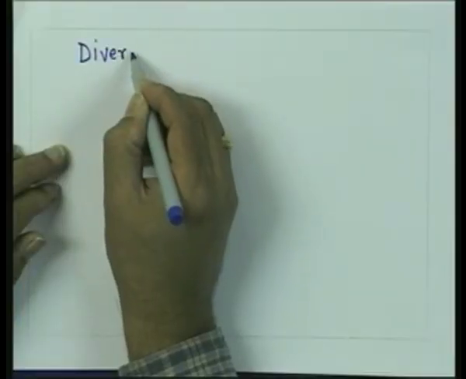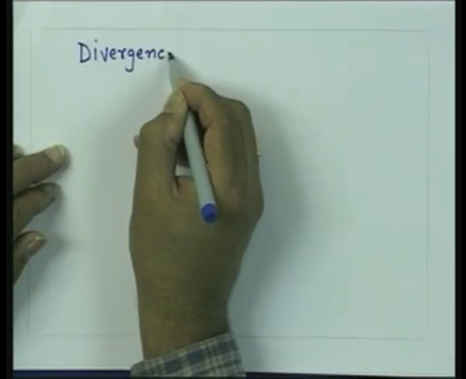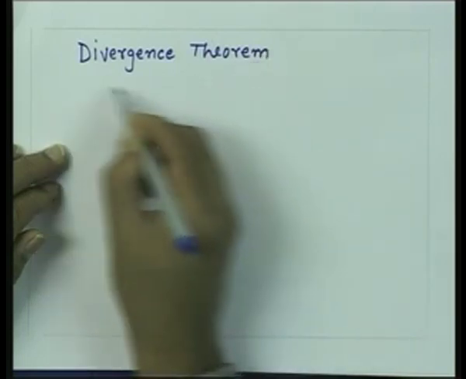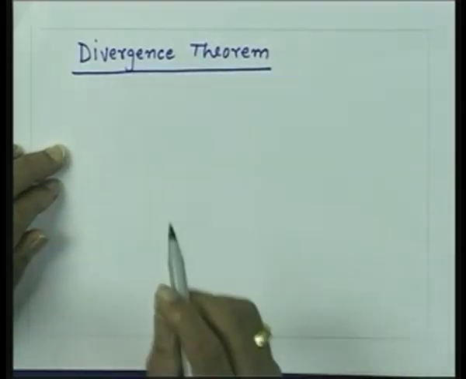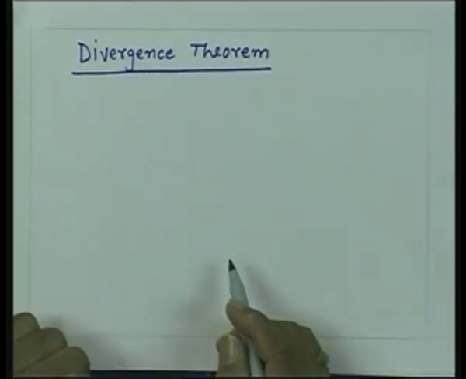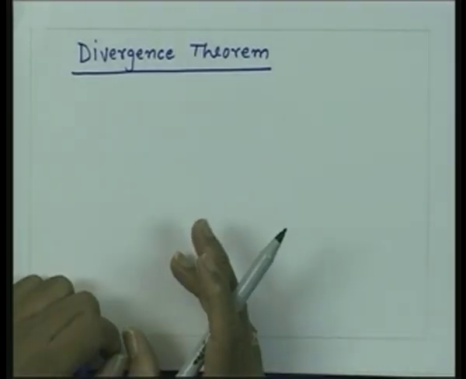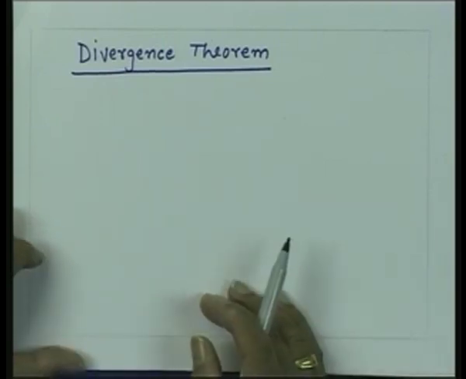So, we have an important theorem called the divergence theorem, which converts a surface integral for a vector field to a volume integral.